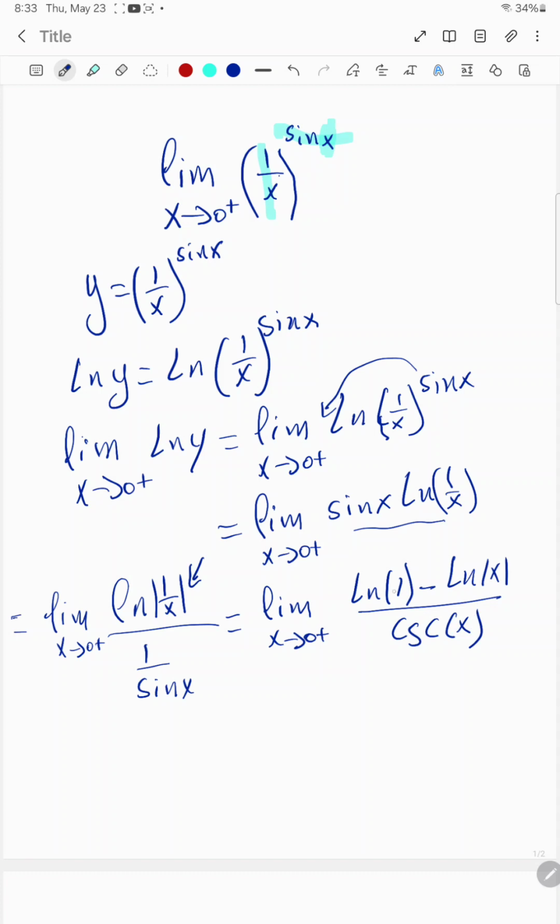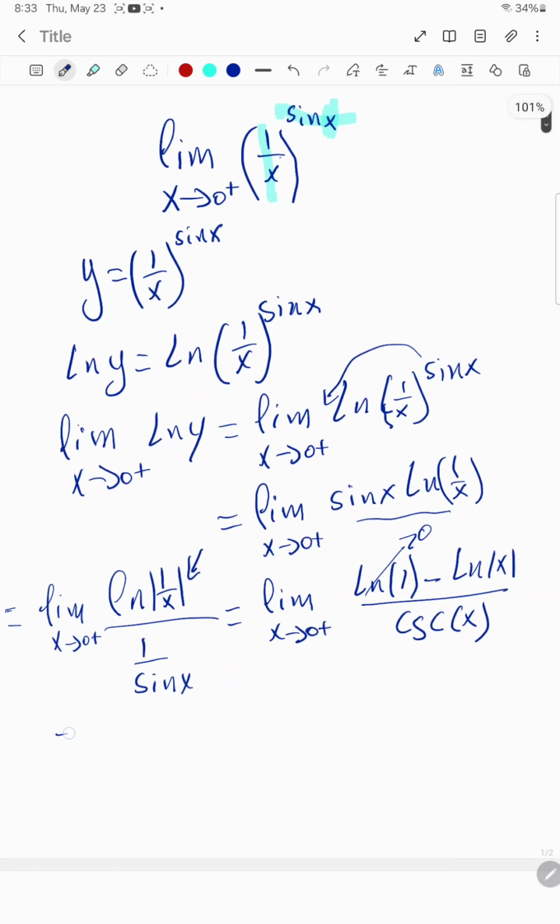And again, I know that ln of 1 is equal to 0. So it's equal to minus ln of x divided by cosec of x.